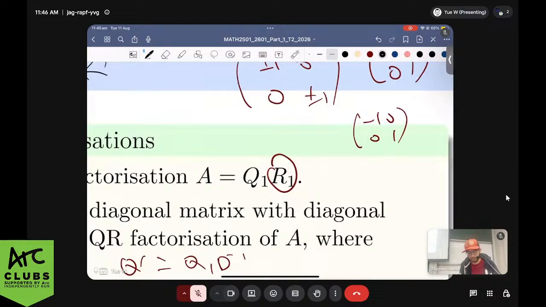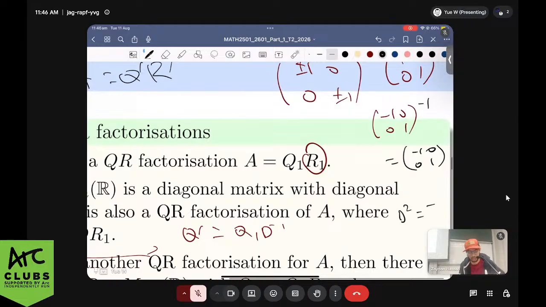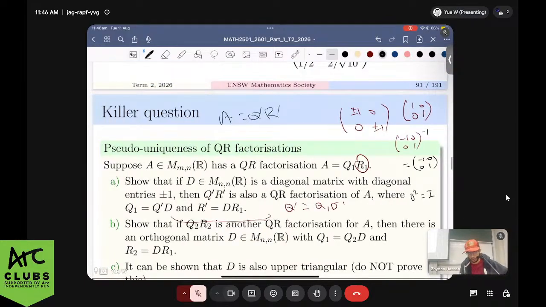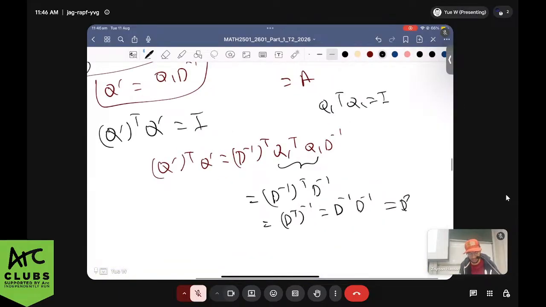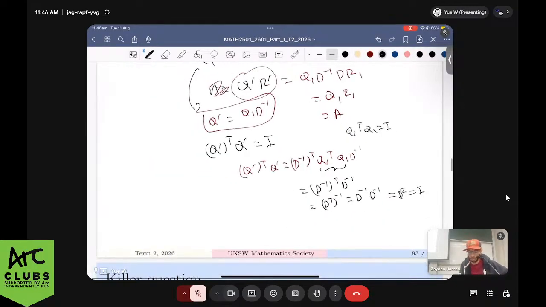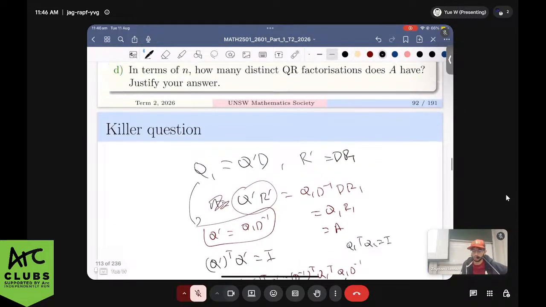The inverse of a diagonal matrix is you just take 1 over each entry in the diagonal, but 1 over minus 1 is still minus 1, and 1 over 1 is still 1. So you can see that D squared is going to be the identity. This is just a 2 by 2 case, but you do get this to be the identity. D inverse is also D, and you get D squared as the identity. So Q prime transpose Q prime is the identity. That proves it has orthonormal columns.